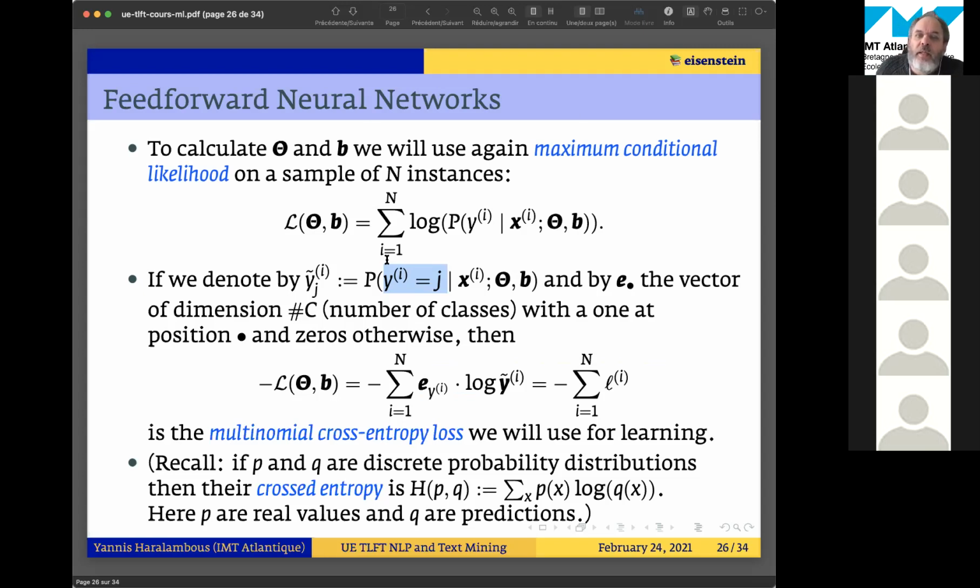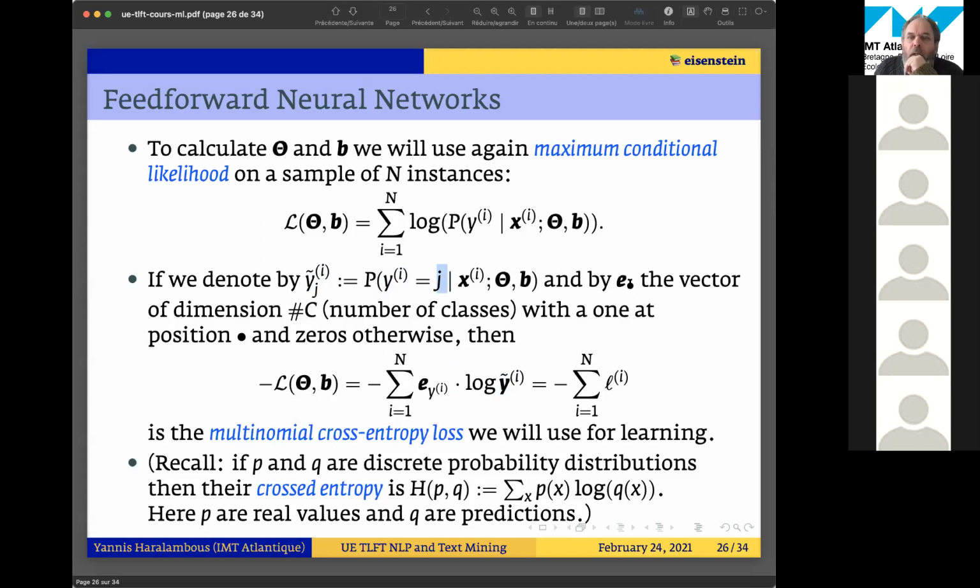So this is the prediction for an element of the corpus. I call it Y tilde for class J and individual I. So this log here on the first line is the log of Y tilde. Only this one is for a given J, and this is general.